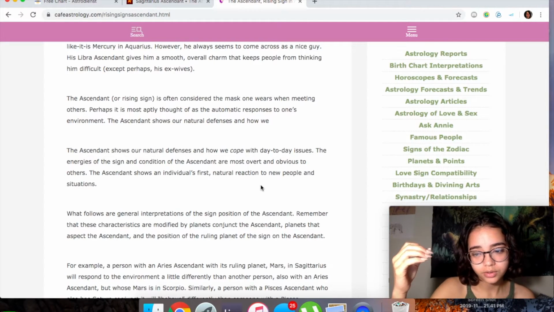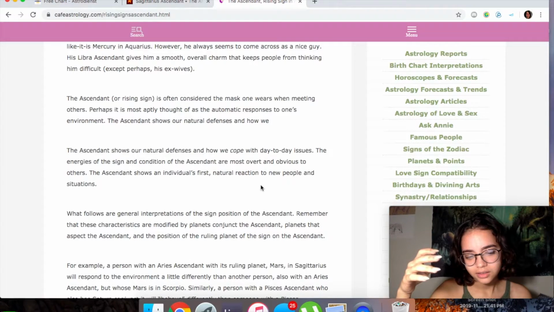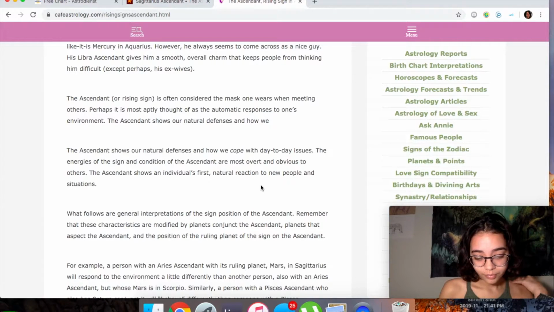And you notice when you meet someone, they look different from when you've known them for years. It's interesting how our first impression is always distinct from when we actually get to know an individual. So that's kind of what your rising sign represents.